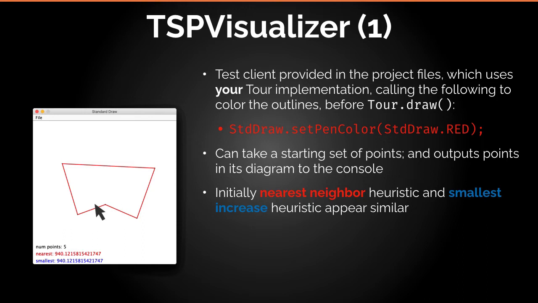But remember, because of the way nearest neighbor inserts points, I'm going to have a crossing here. That's obviously not what we really want. At that point, you'll see the nearest is 1,034 and the smallest is 947. This is where the nearest neighbor heuristic got trapped, where the smallest heuristic knew better.